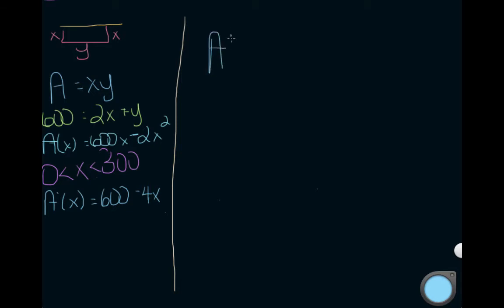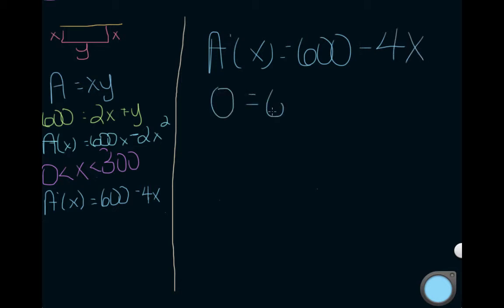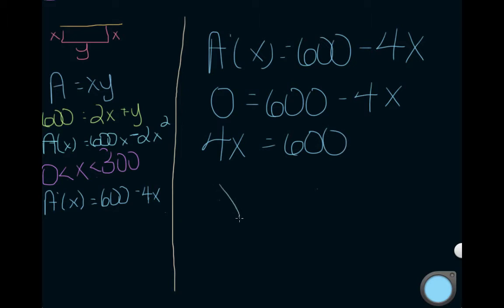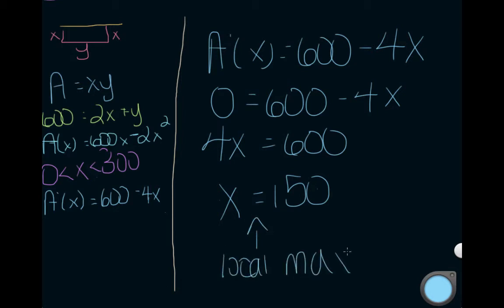So if A prime of x equals 600 minus 4x, set it equal to 0, you get 600 minus 4x, solve by adding 4x to both sides, and dividing by 4, you end up getting x equals 150. So now we know that we have a local maximum at x equals 150.